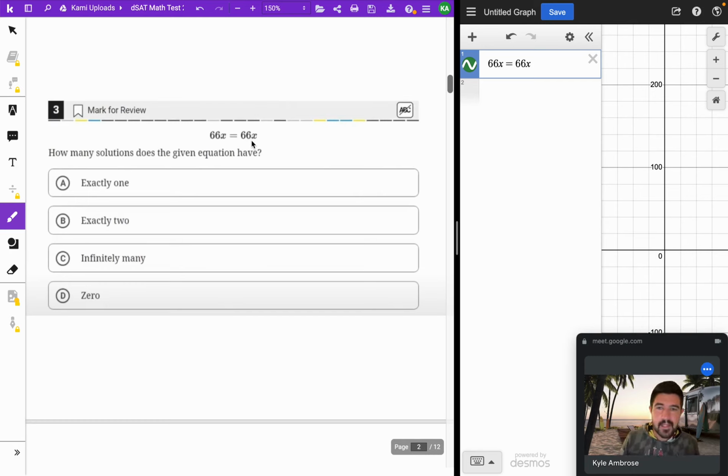So no matter what number we plug in here for x, because it's the same on both sides of the equation, of course the left side is going to equal the right side, and that means that there's literally infinite solutions. We could pick literally any number for x. As long as we plug it in on both sides, it's going to be a true equation, so there's infinitely many solutions.